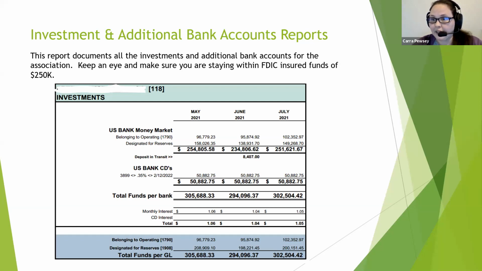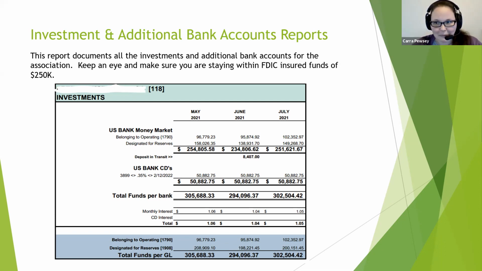So all of those funds added together equal more than the $250,000 for FDIC insurance. This particular association did make an investment in August. You just can't see it. And so that's one of the things to look out for too, is to make sure that your funds are federally insured.